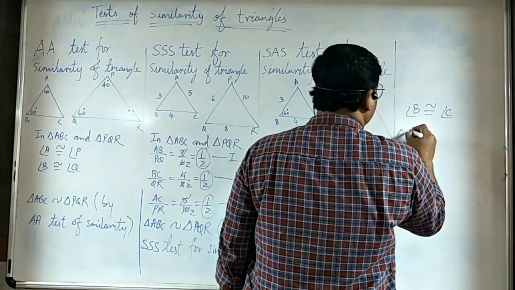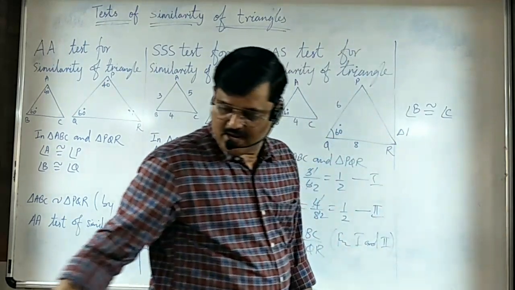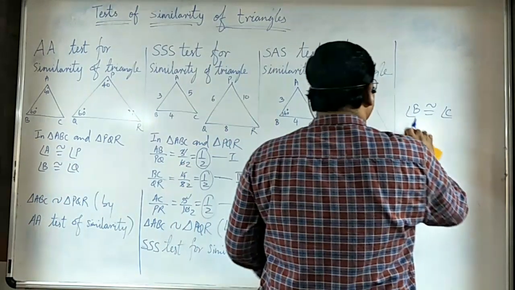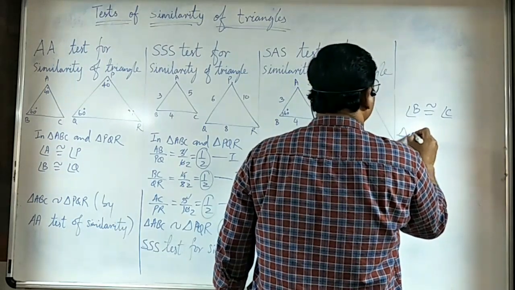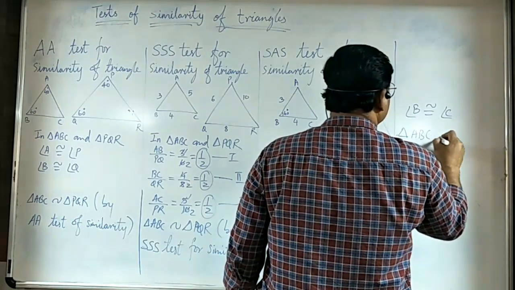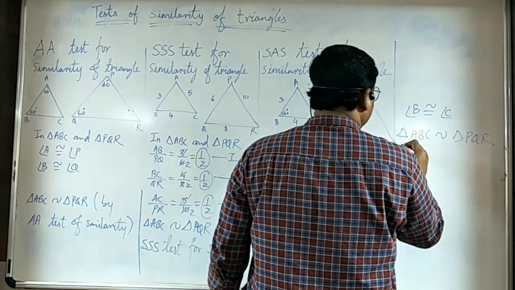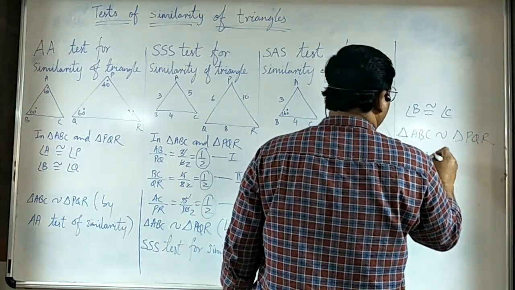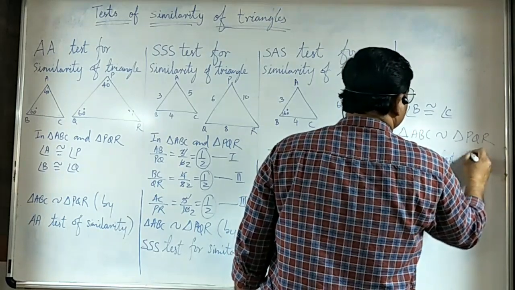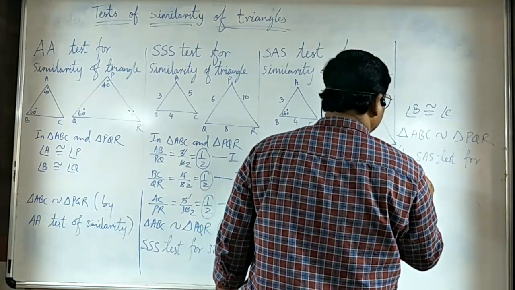So can I say triangle ABC is similar to triangle PQR by the SAS test for similarity? Yes or no?